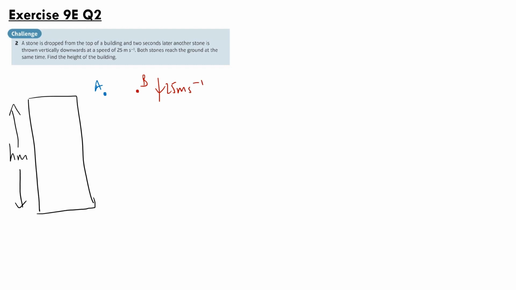So if we start with A and we resolve downwards using SUVAT, well, we know that the acceleration is equal to g, and we know that it has to fall a height of h, and the initial velocity is 0 because it starts from rest, and the time taken we can call that t.